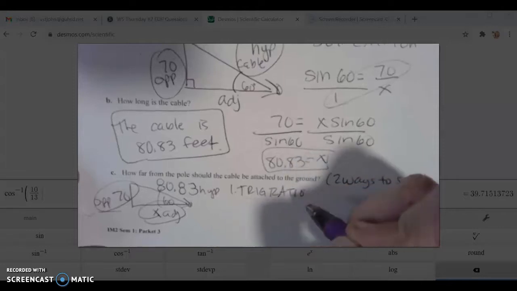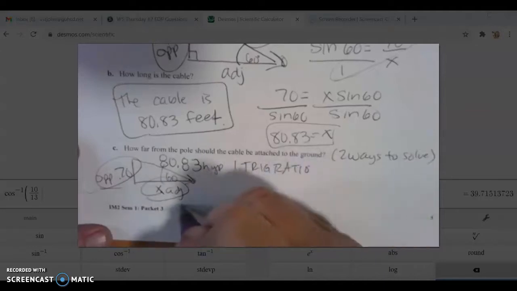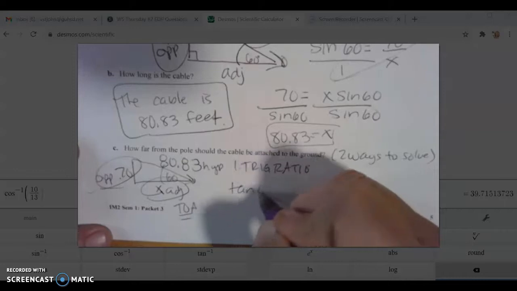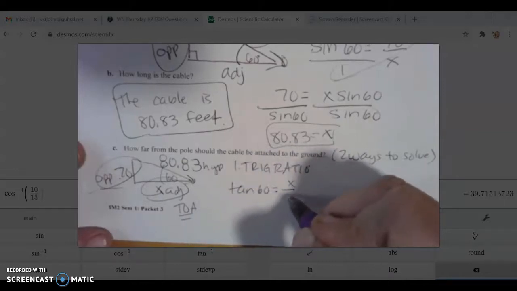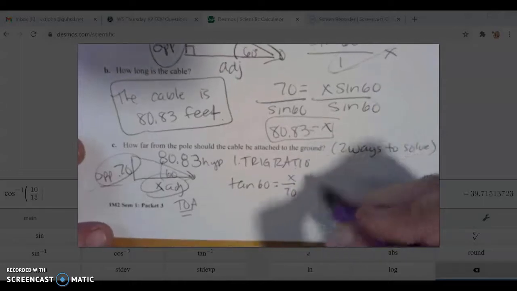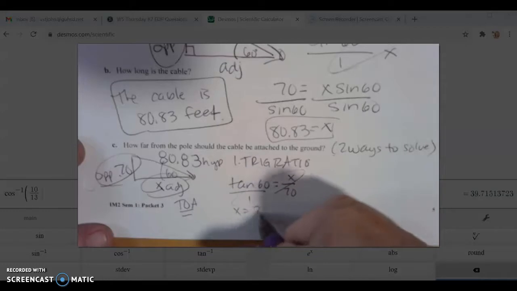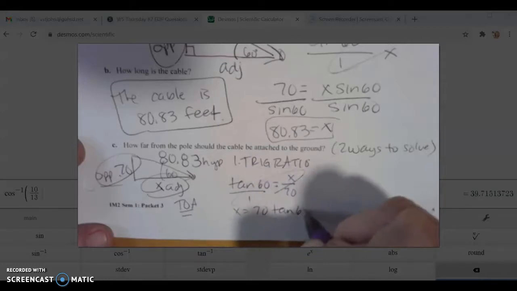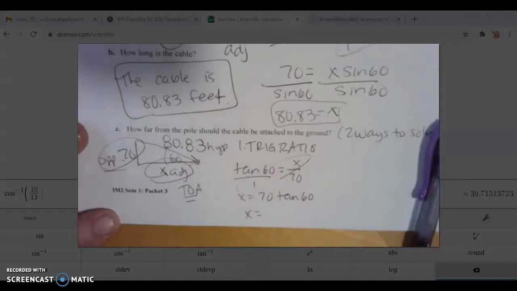And in this method, we have adjacent and opposite, SOHCAHTOA. So we're going to use tangent of 60 equals x over 70. And we're going to set up the cross products. You're going to get x equals 70 times tangent of 60. And we go to our calculator. I don't have this one done, so we're going to go together to our calculator.